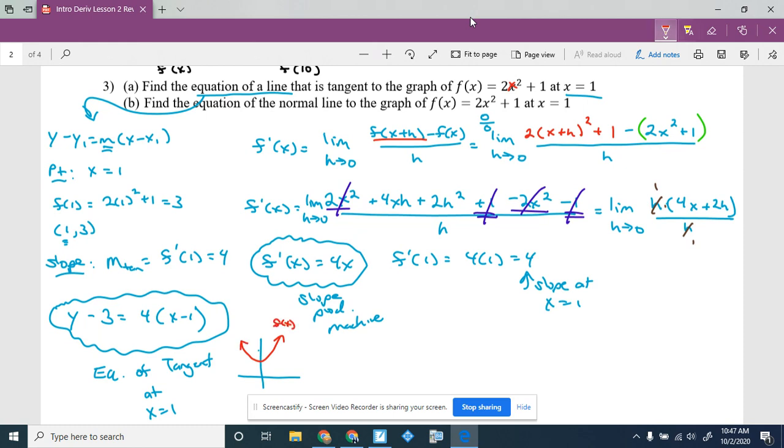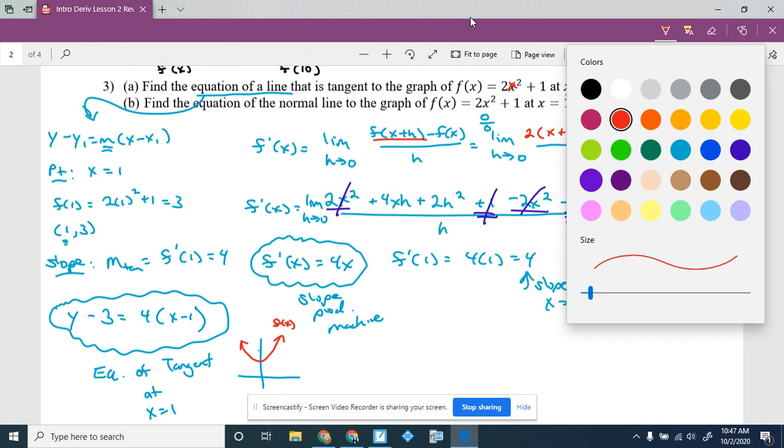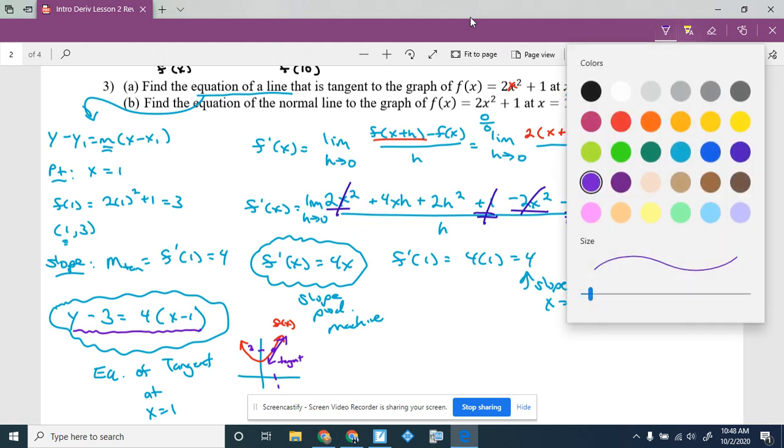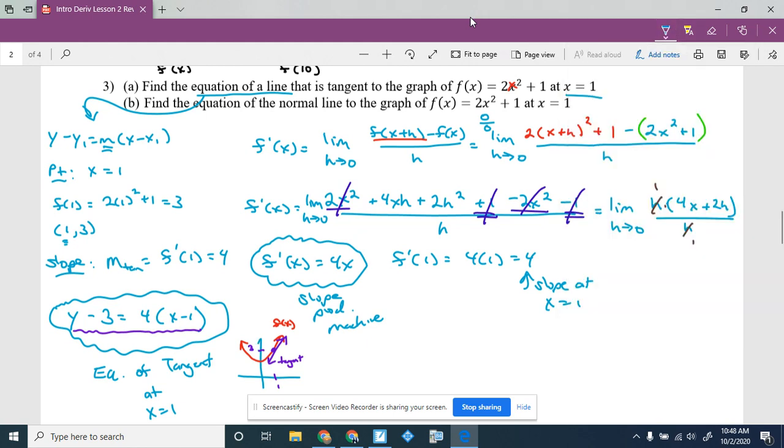And what I just did is I found at the point 1, what we get? 3. So at this point right here, we not only found the slope of that tangent, but now we found the equation of that tangent. And that's exactly what we are finding, which is pretty neat stuff, to be quite honest.